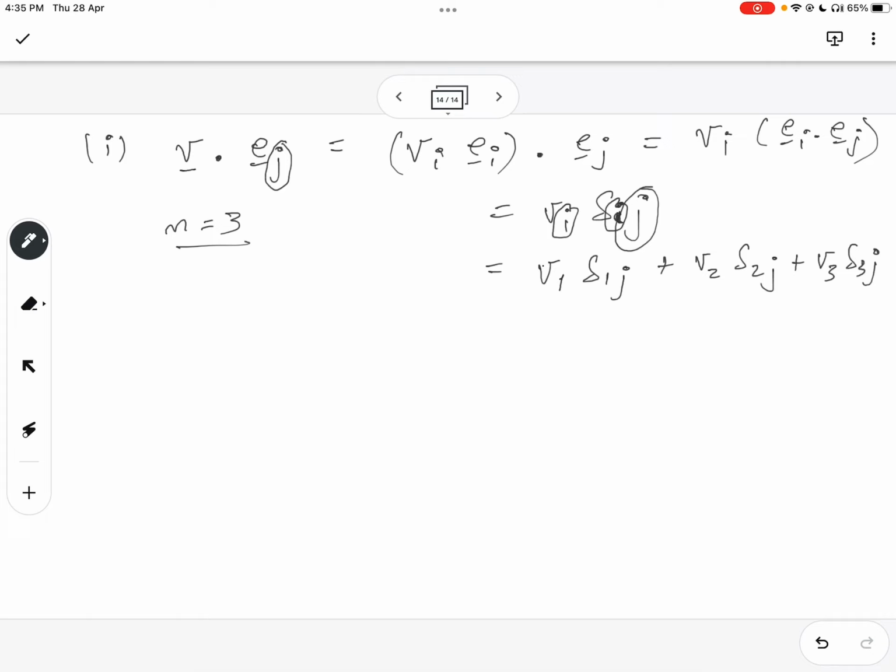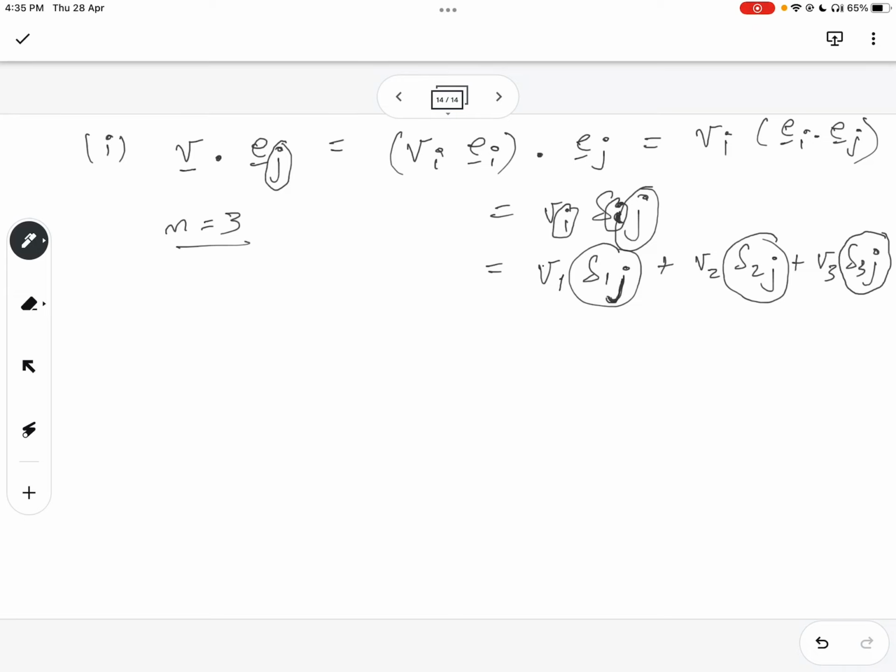So we know that depending upon J, only one of these Kronecker delta values will be 1, and the rest two will be 0.